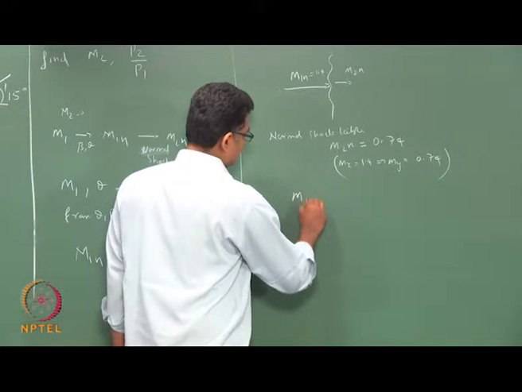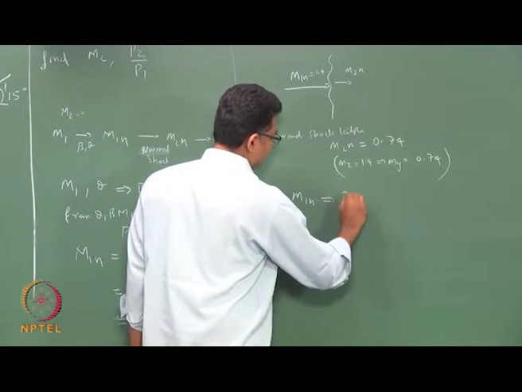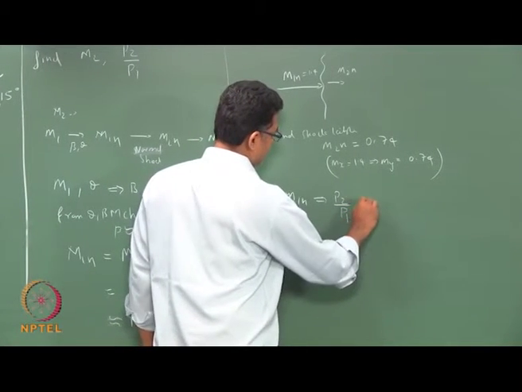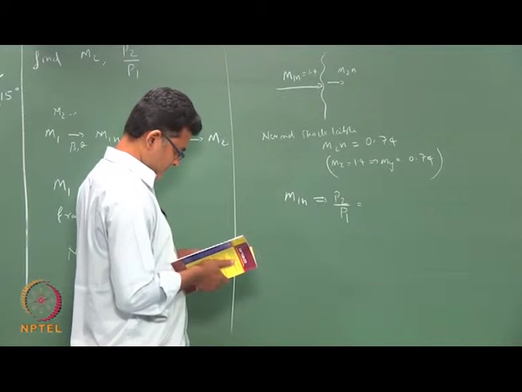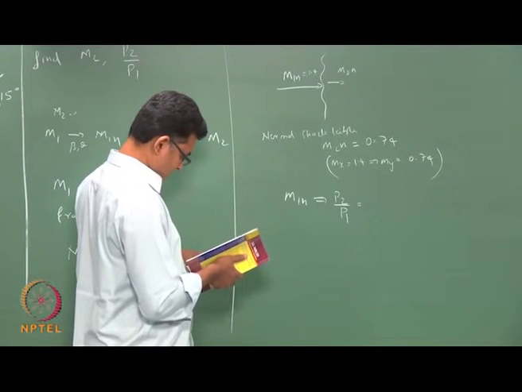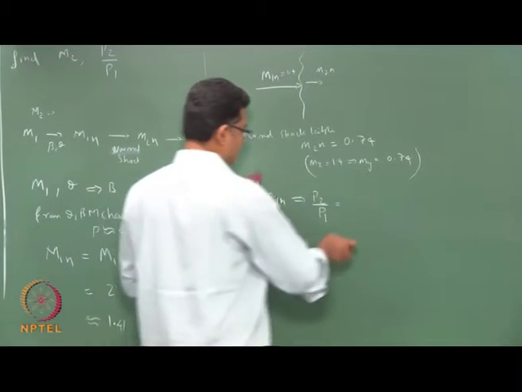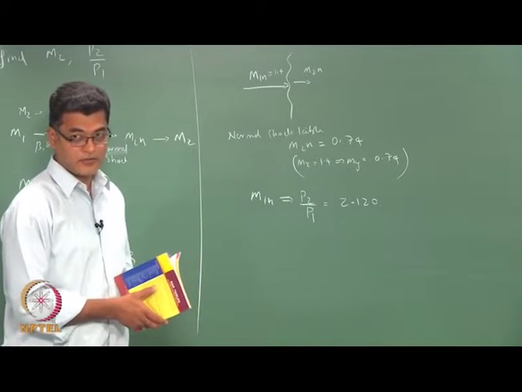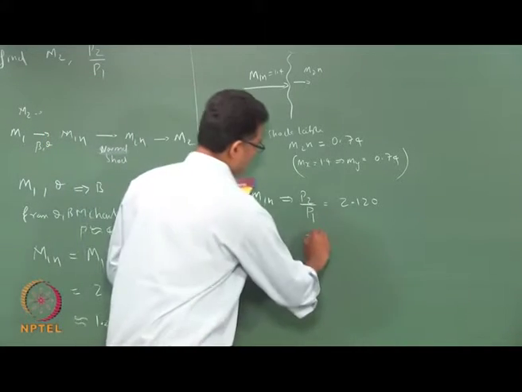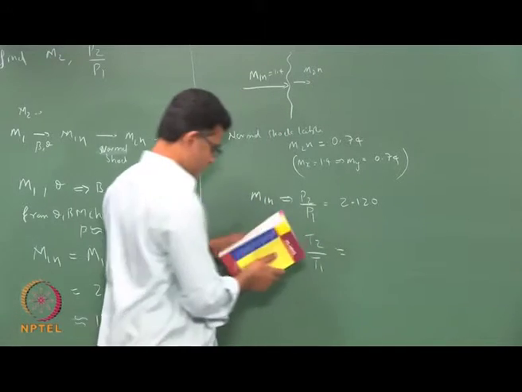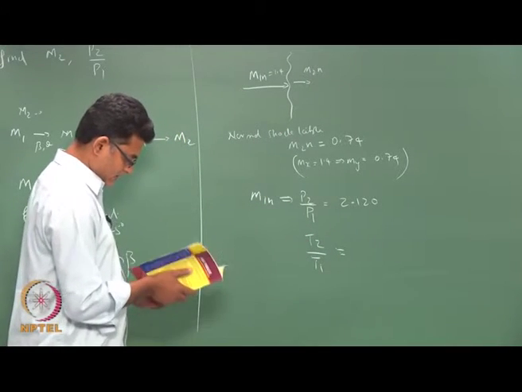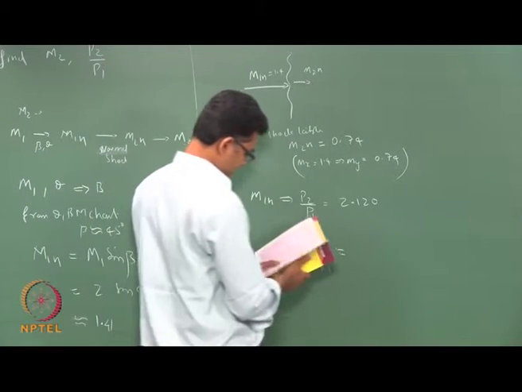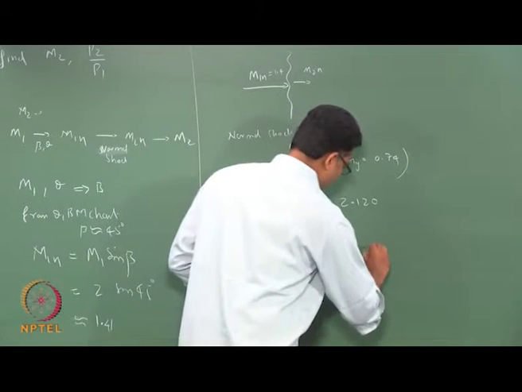If I know my M2n, M1n also gives me my P2 by P1 across the shock, which is 2.120, and my T2 by T1 also can be obtained from this, which is 1.255.